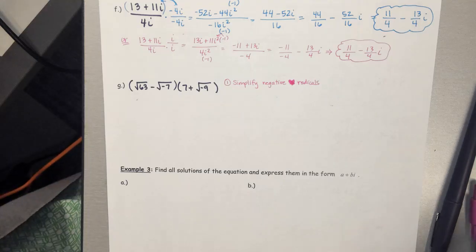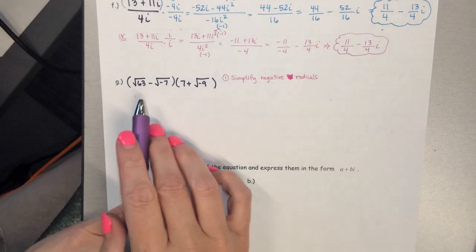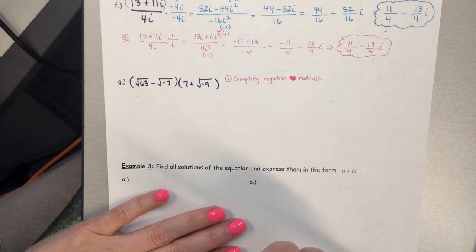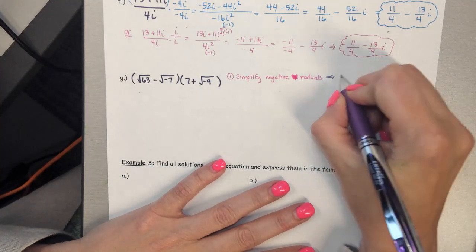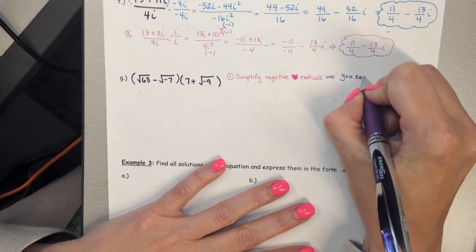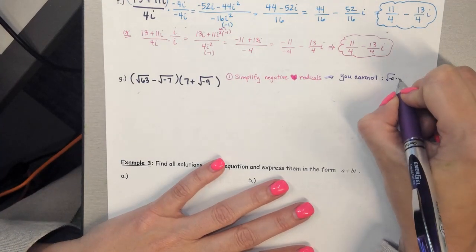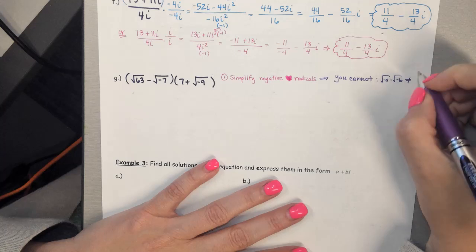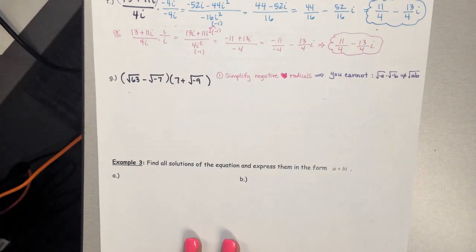Okay, one thing we want to avoid, which happens sometimes, is you can't just multiply a negative radical by a negative radical and then make it magically positive. So this property does not work when they're both negative. So the square root of negative a times the square root of negative b does not equal the positive root of a times b.